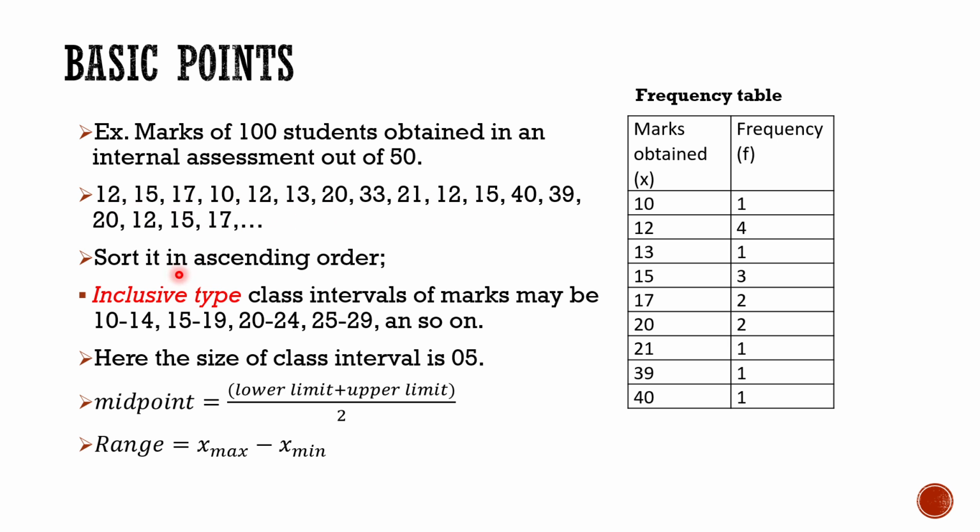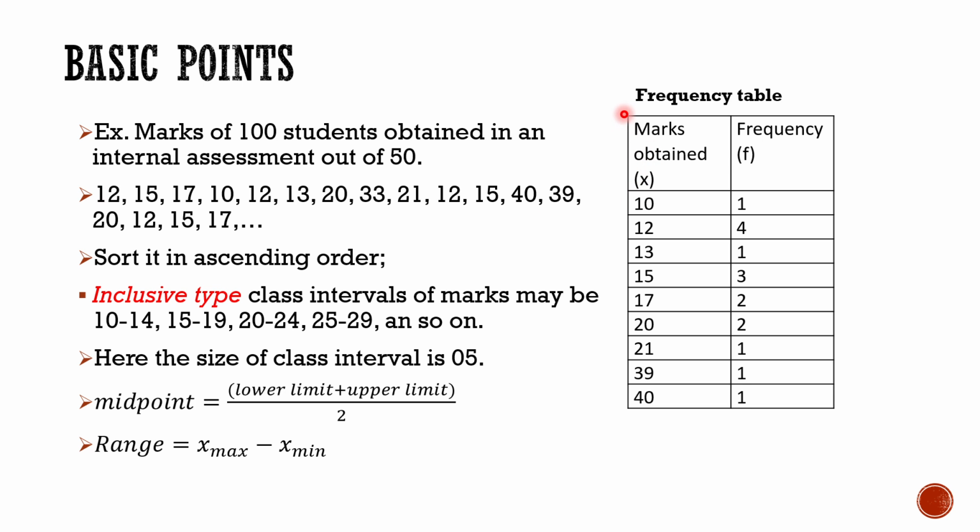So first of all, what we do is we sort it in ascending order. What does it mean by sorting in ascending order? It is putting the smallest value first, then subsequently the numbers from smaller to the largest one.